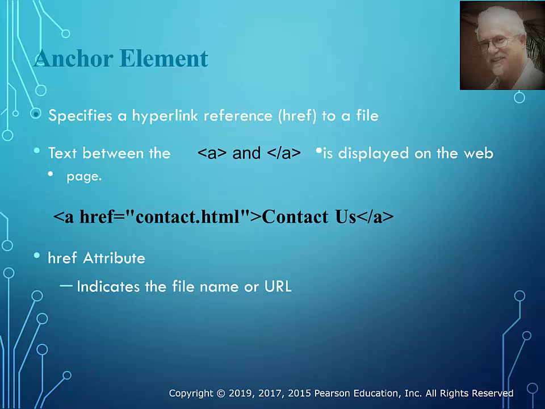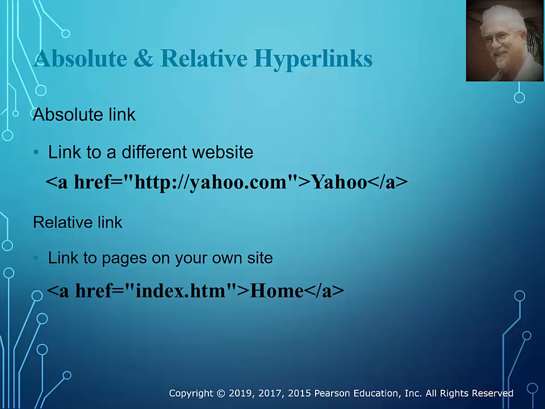Anchors, that's that A tag. Anchor, this creates the hyperlink. You have an A, href, so hypertext reference, href, and then the pathway to the page. In this case, it's just a file called contact.html. You could have an absolute link where it goes outside, so it's a href equals, quote, http: wherever you're going.